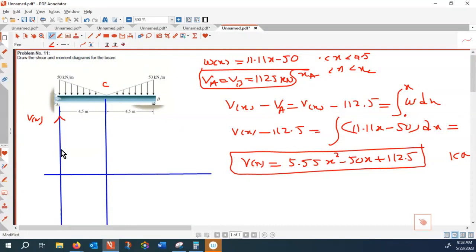So V of x at A is 112.5 kilonewton. And then this is a quadratic equation with a positive coefficient, so that's a cup pointing upward, with the minimum being here. That is where the shear force becomes 0.